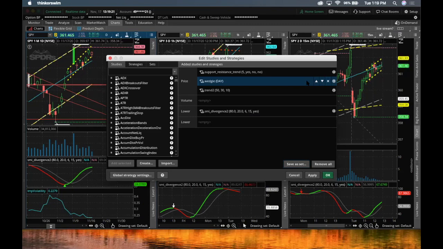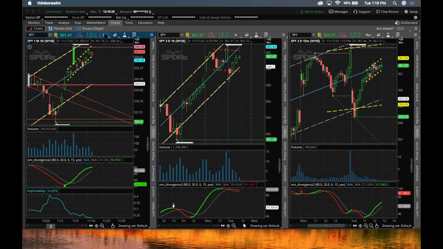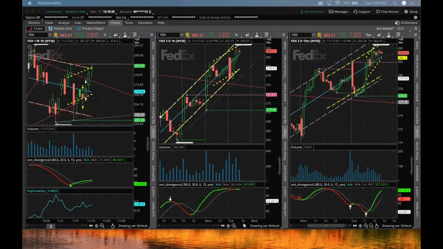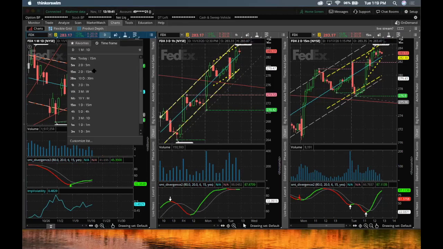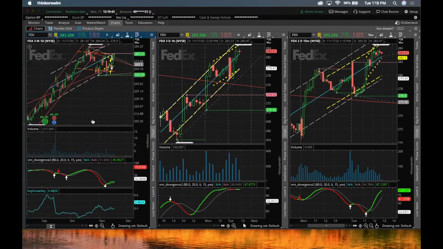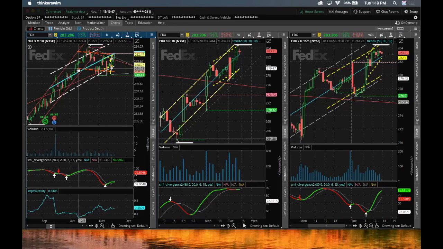Wedgie is just trying to identify when there are multiple occurrences of a consolidation period happening. I have a scan based on that. It's basically an if statement: if this is true, I want you to show me when it's happening.